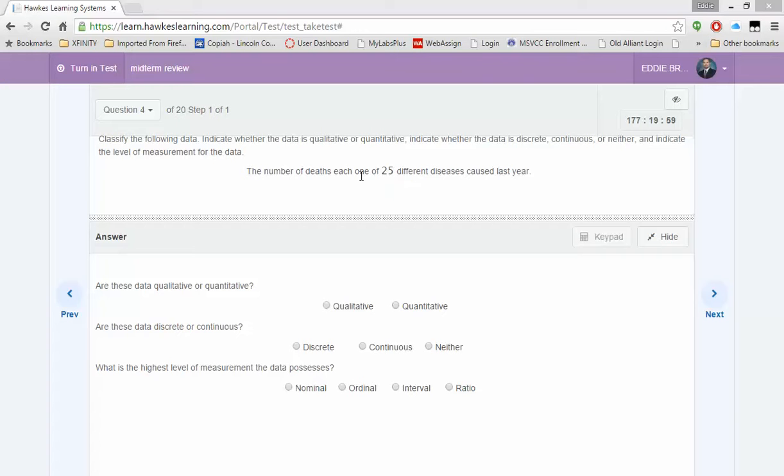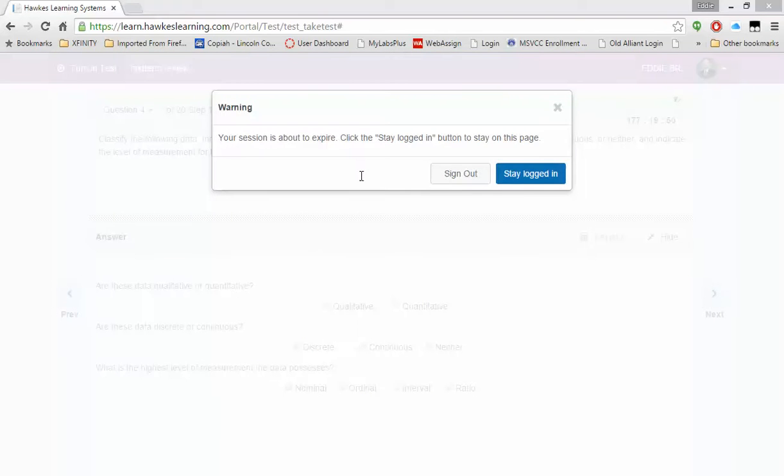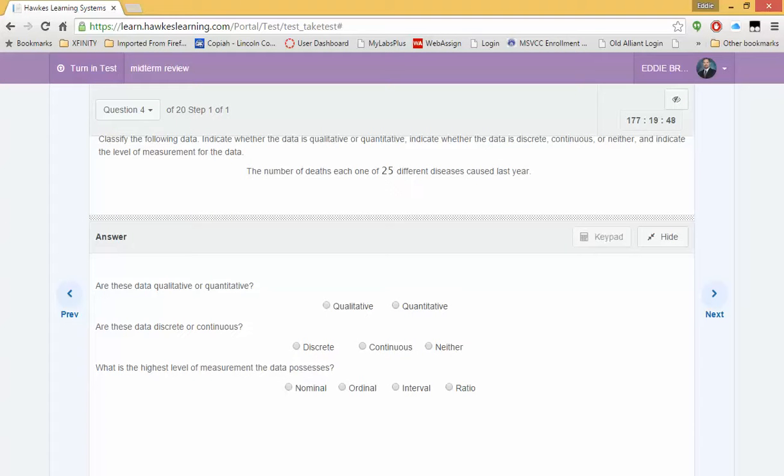So think of some types of diseases and the number of deaths that each one of them caused last year. So that's definitely quantitative, some type of quantity. Then is this data discrete or continuous or neither? It's countable, so it's discrete.